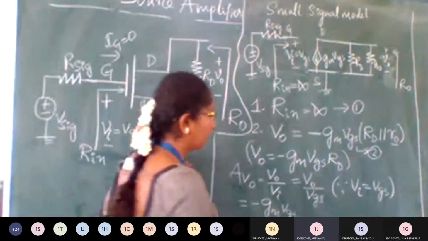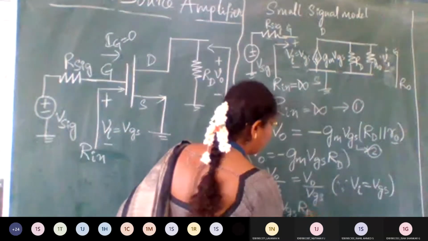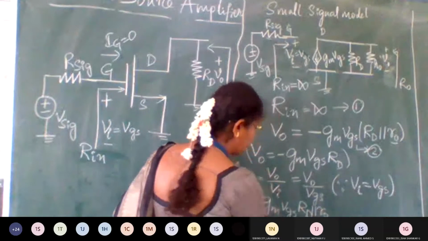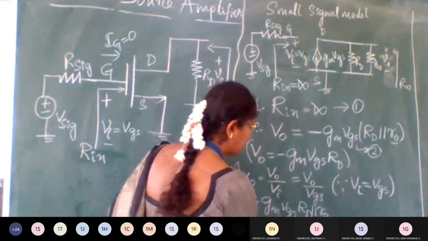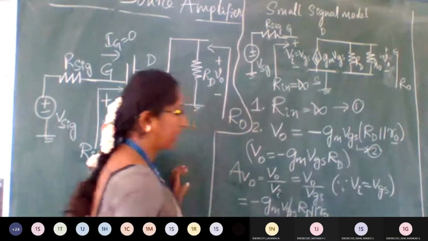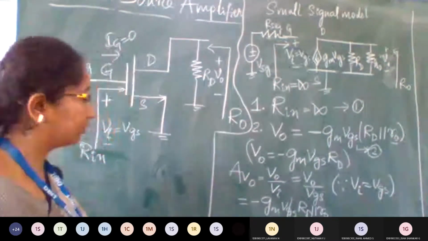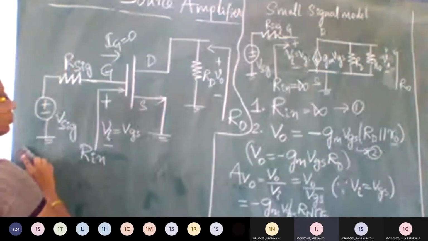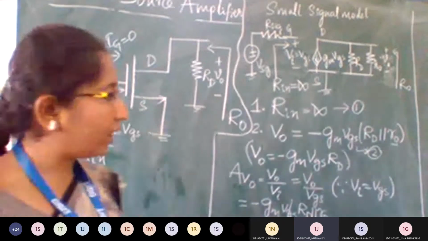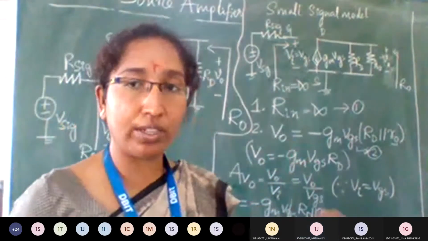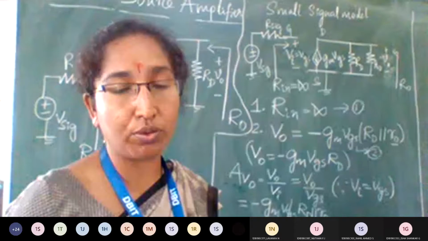Okay. So gm VGS into RD parallel r0 divided by VGS. So VGS gets cancelled. Will be left with... Ma'am, here don't we ignore r0? Practically, this r0, only when we go from discrete to integrated circuit do we need to neglect it.